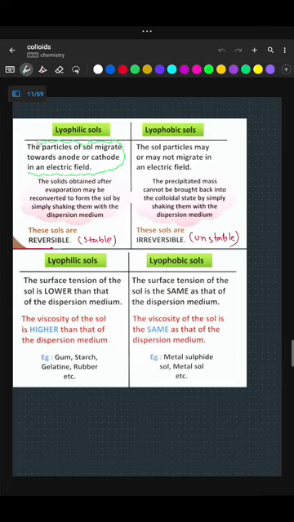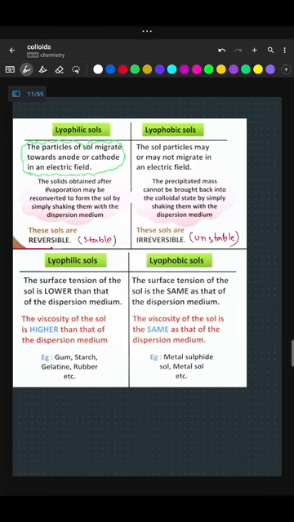In an electric field, the particles basically ionize, and the positive goes to the negative side of the battery, and the negative goes to the positive side, as opposites attract. But in lyophobic solution, the sol particles may or may not migrate in an electric field. It is not a mandatory characteristic of lyophobic sols.